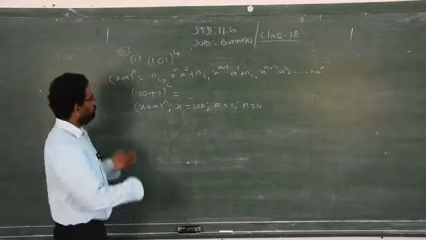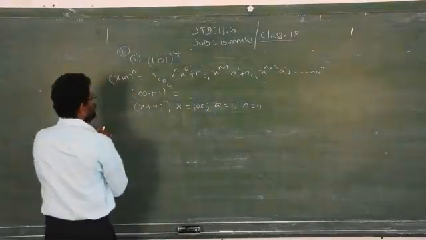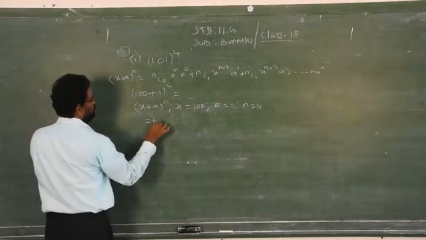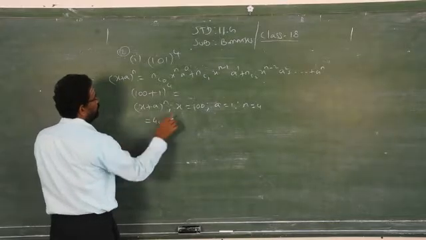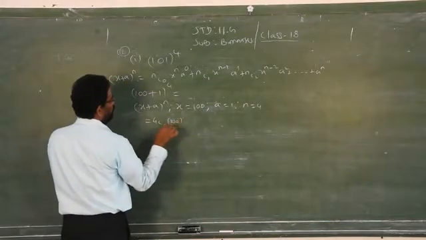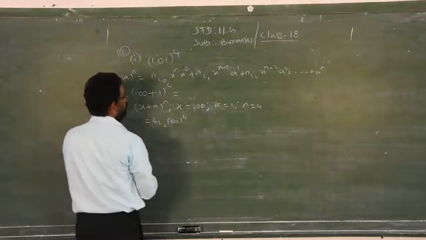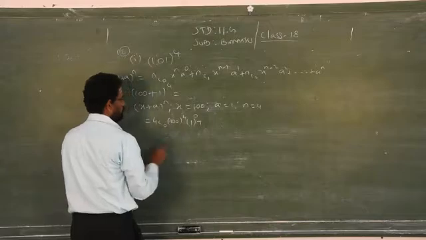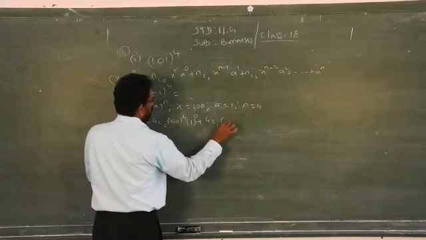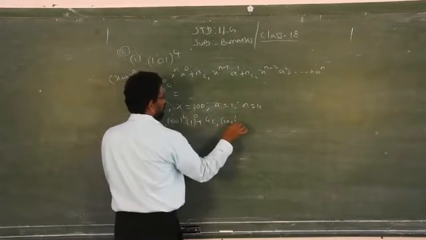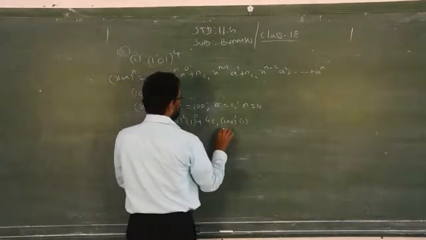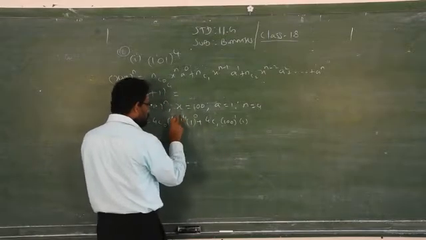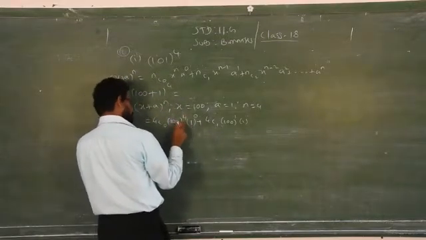Okay. Now apply as it is like yesterday. What is your n? 4. 4C0. What is your x? 100. What is your n? 4. What is your a? a is 1. 1 power 0, plus 4C1 100 power 1, 1 power. Is it correct? You have to reduce the power of x by 1.